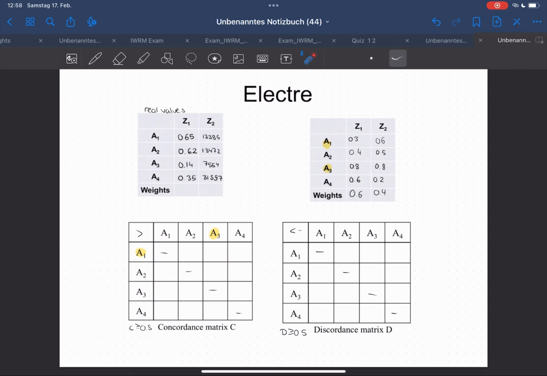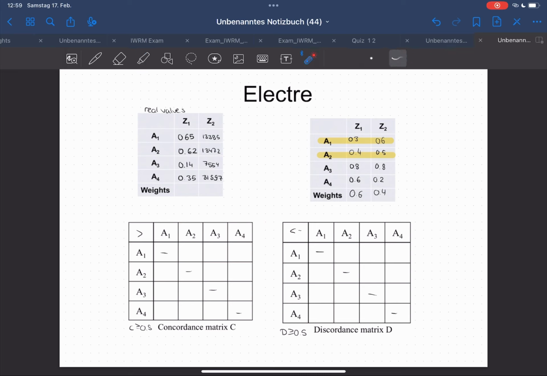Then we start with the concordance matrix. So for the concordance matrix, we compare the left side with the upper side. So you want to know, is A1 taller than A2? That's the reason also why I put in this sign. Because if A1 is taller than A2 in here, so we compare these, then we put in the weights.